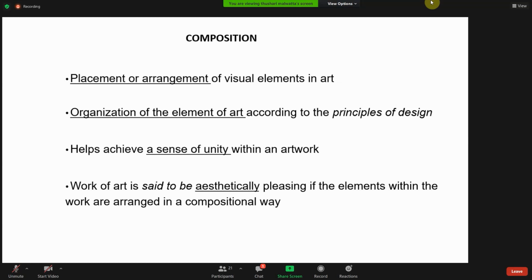Those elements of art we are organizing in a way which is pleasing. To organize them, we use principles of design. Then the final outcome will be very aesthetically pleasing, that we would like to see, and we will achieve a sense of unity, just like a beautiful song.